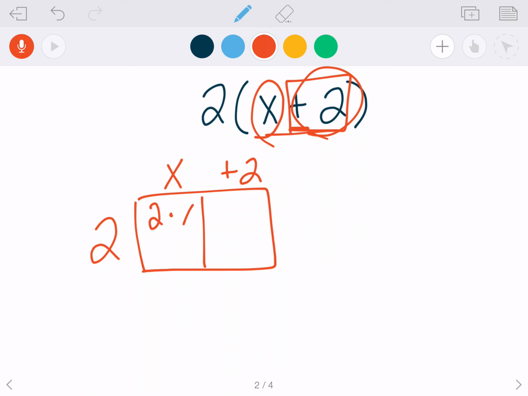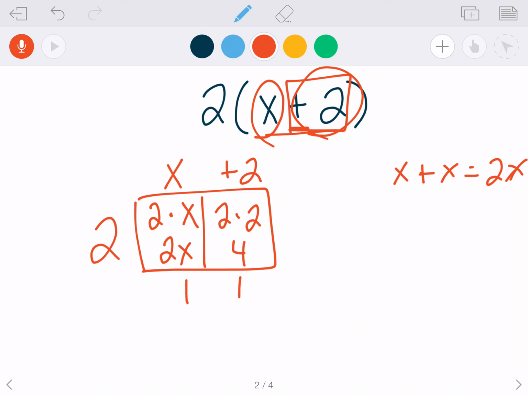2 times x. We cannot add or subtract constants and variables, but we can multiply and divide them. So 2 times x means I'm going to repeat x 2 times. Well, x plus x is 2x. So this gives me 2x, and then 2 times 2 we know is 4.